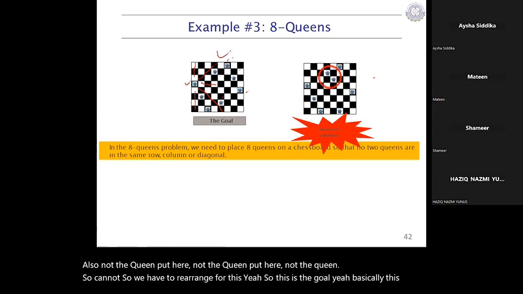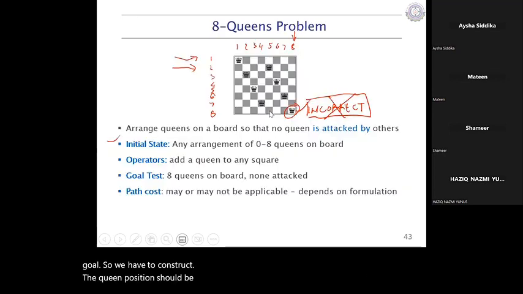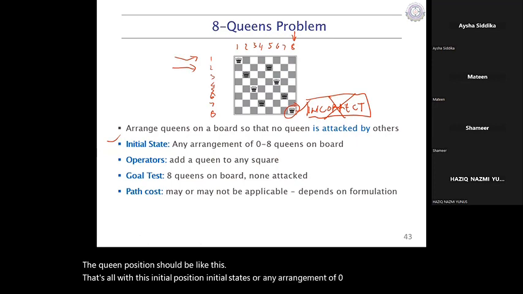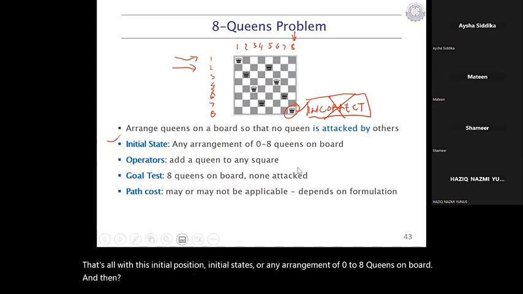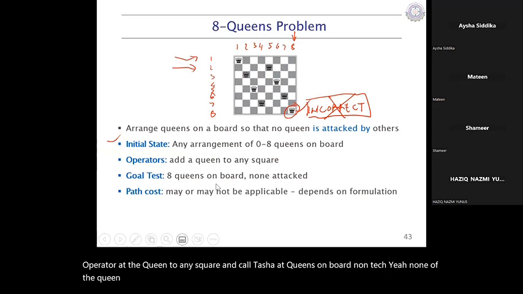So we have to construct it, and the queen positions should be like this. With this initial state, any arrangement of 0 to 8 queens on the board, the operator adds a queen to any square, and the goal test is 8 queens on the board with none of the queens attacking each other.